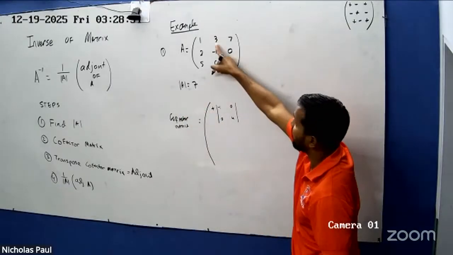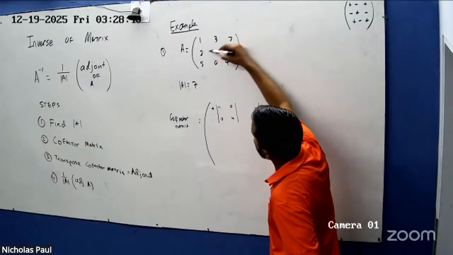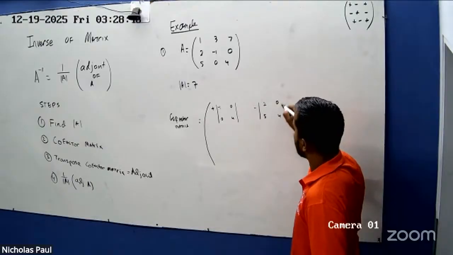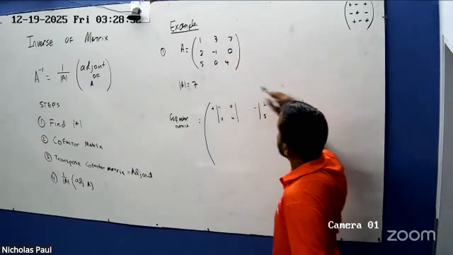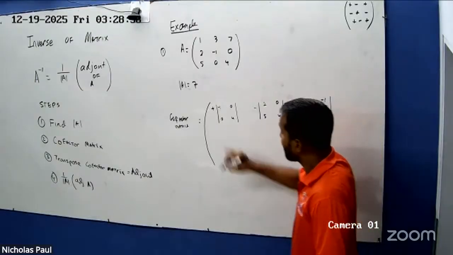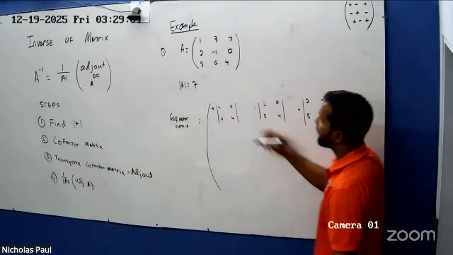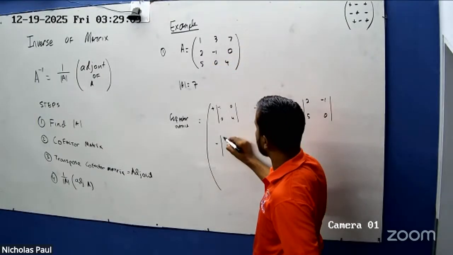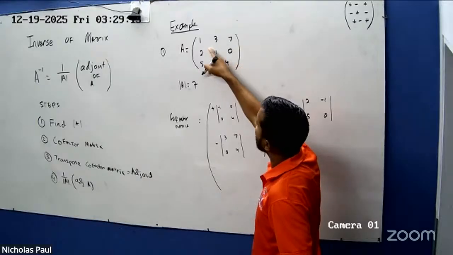Cofactor of 3 now. The sign for 3 is minus, and the cofactor is cancel here and here: 2 0 5 4. Cofactor of 7 is plus 2 minus 1 5 0. And then you do the same thing for the next row. So it will be minus 2, so you put in minus. This will cancel, 3 7 0 4. Next one is plus. Cancel here and here, 1 7 5 4.